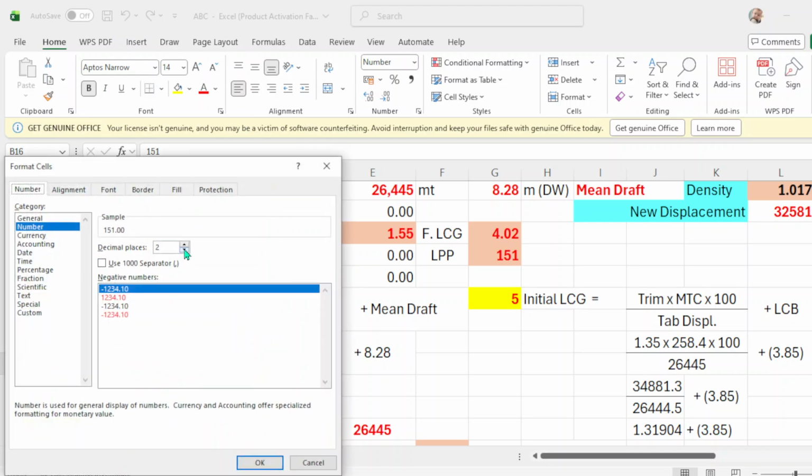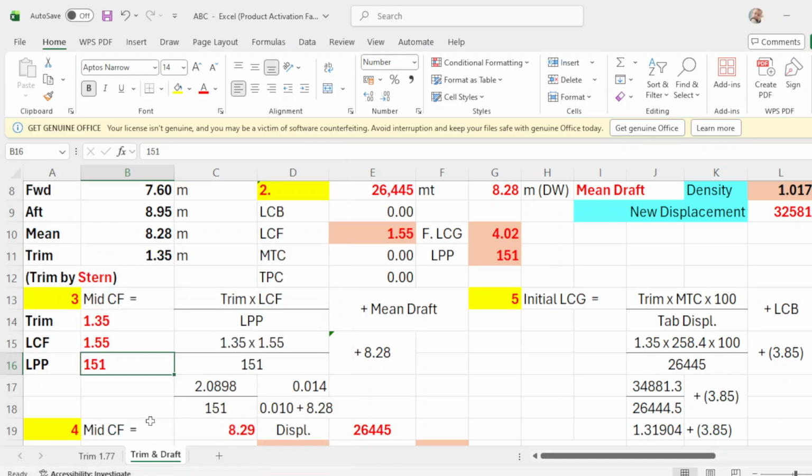Enter. So the trim is 1.35, your LCF is 1.55 over your LPP 151, and your mean draft is 8.28.